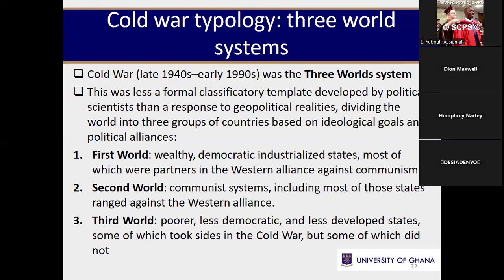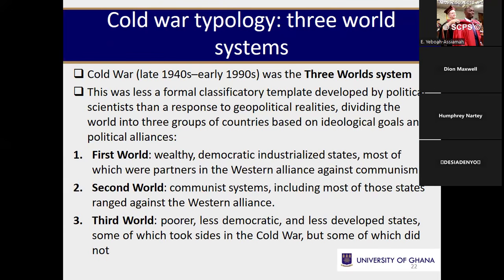We also had what we call the Second World. These were the communist systems, led by the Soviet Union, that bloc, including most of those states that ranged against the Western Alliance. We also had what we call the Third World.